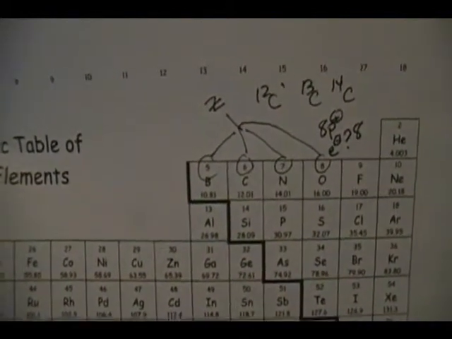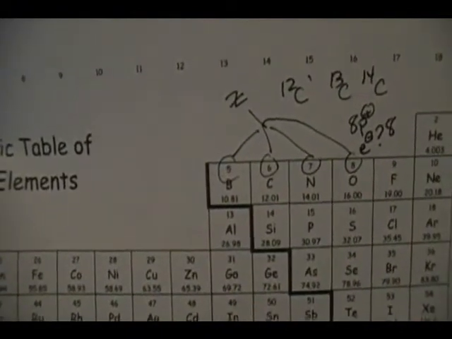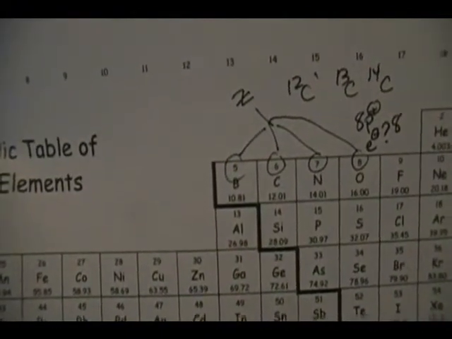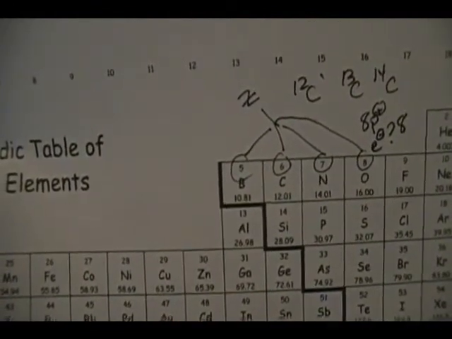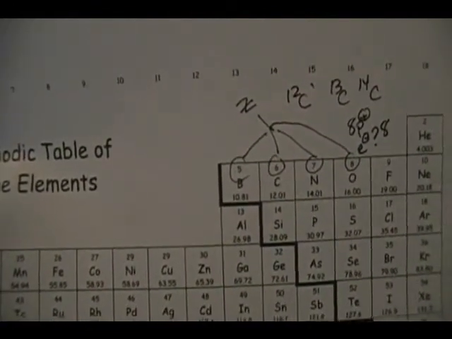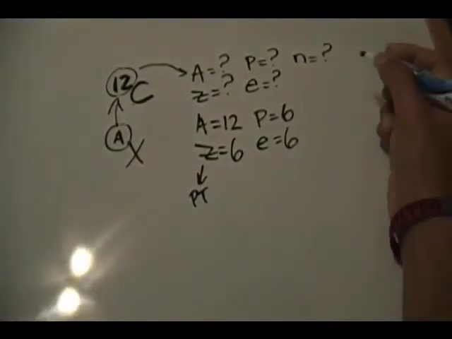One needs 8 electrons. So we could apply that same type of thinking to carbon. Carbon has 6 protons. In order for it to have a neutral charge at its elemental state, it needs 6 electrons. So 6, there you have it.